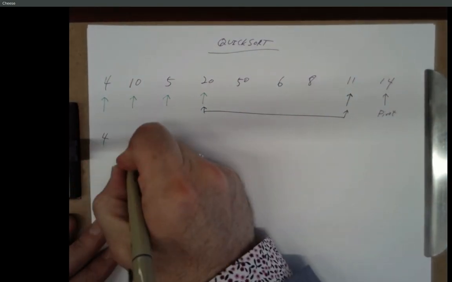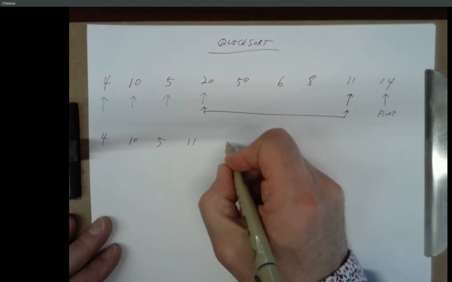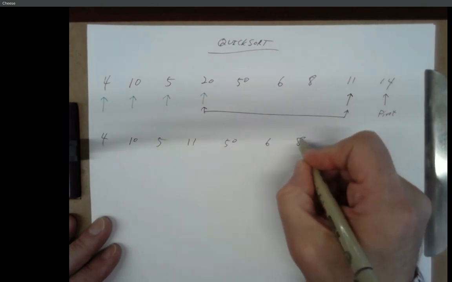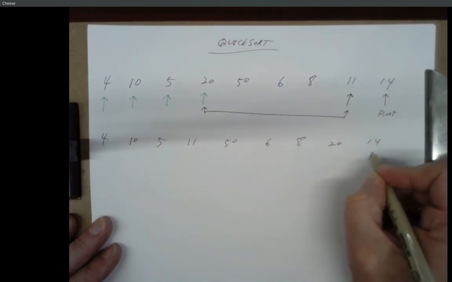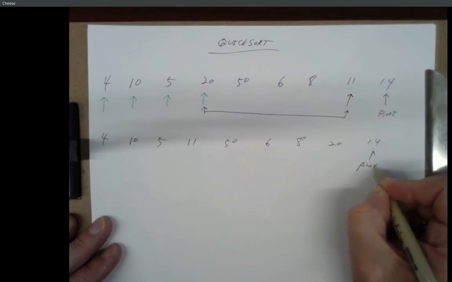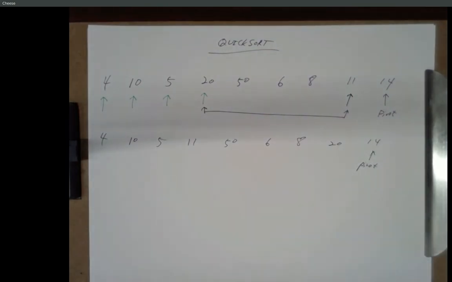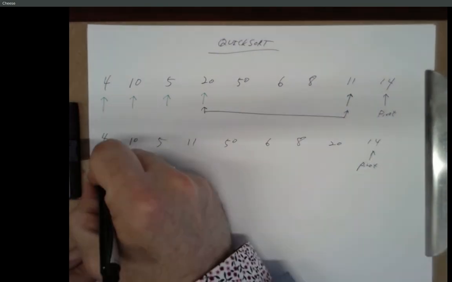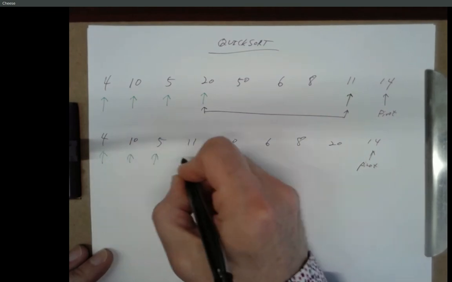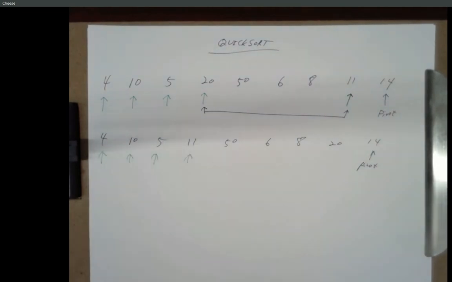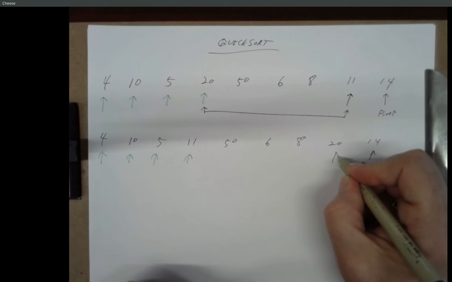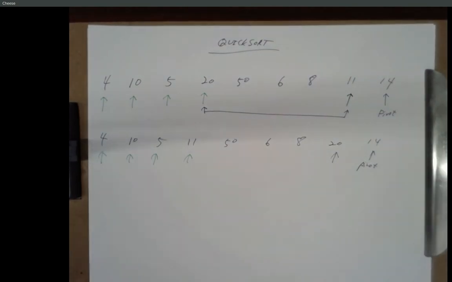And now our list of numbers looks like this. So I'm redrawing this, but really all we've done is swap those two numbers, 20 and 11. Okay, now we continue moving our arrows.